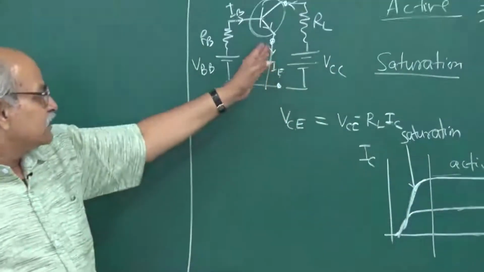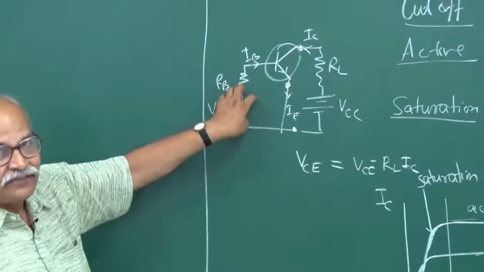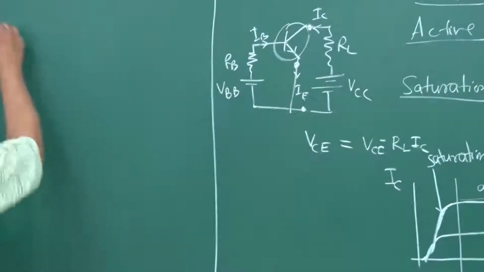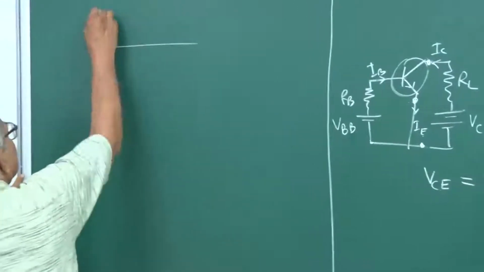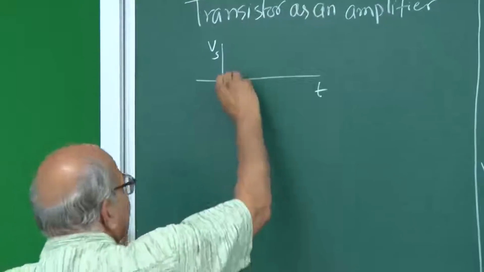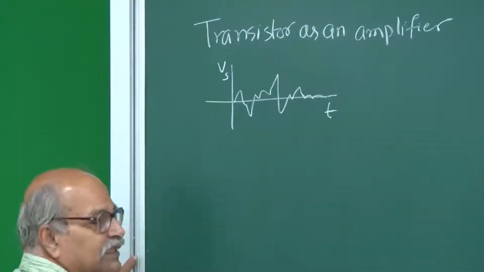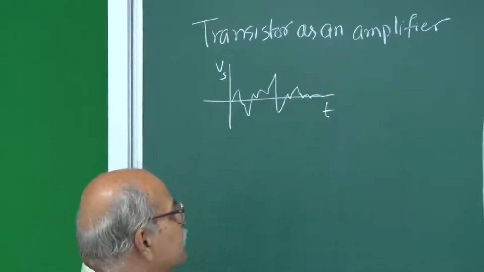All I have to do is that with this biasing, I have to add that voltage signal. If you draw this voltage signal as a function of time, it could be some kind of time varying signal.